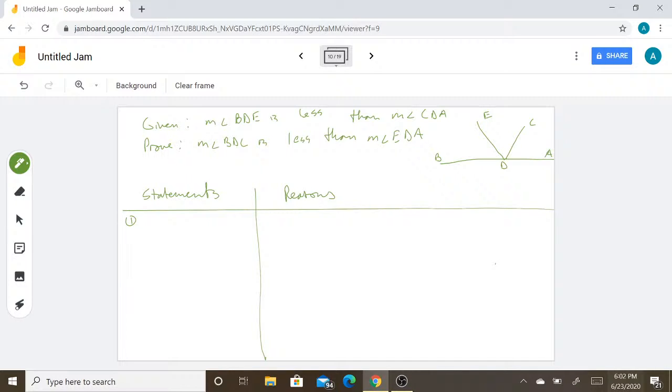With the information we're given, we can say that the measure of angle BDE plus the measure of angle EDC is less than the measure of angle EDC plus the measure of angle CDA.